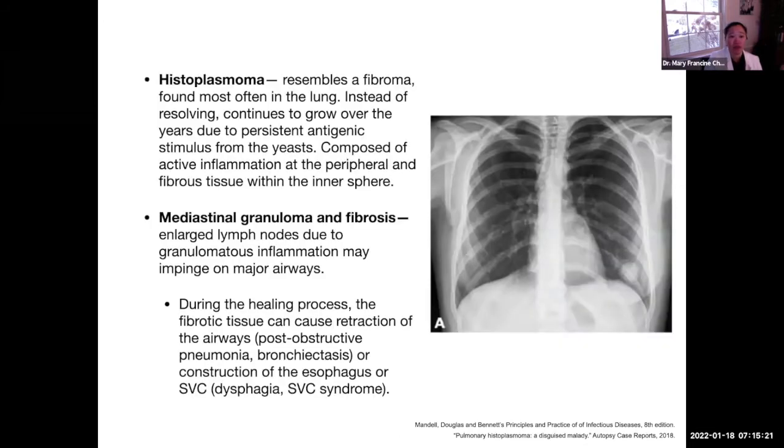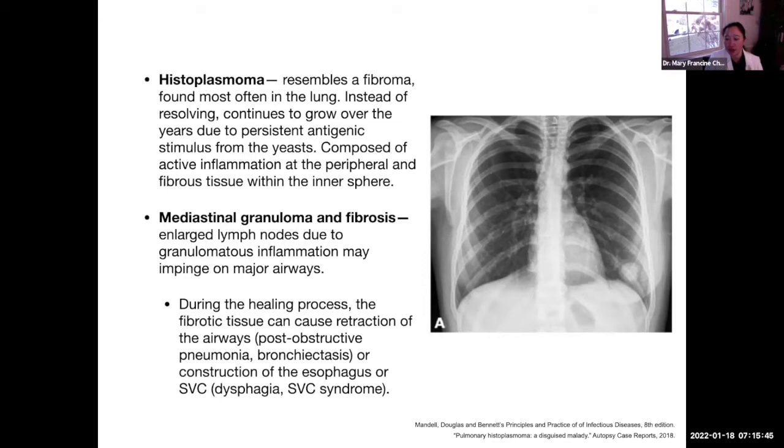Another presentation is what we call the histoplasmoma. It resembles a fibroma, usually found in the lung, but instead of resolving, it continues to grow over years due to the persistent antigenic stimulus from yeasts. It's composed of active inflammation at the periphery and fibrous tissue within the inner sphere.